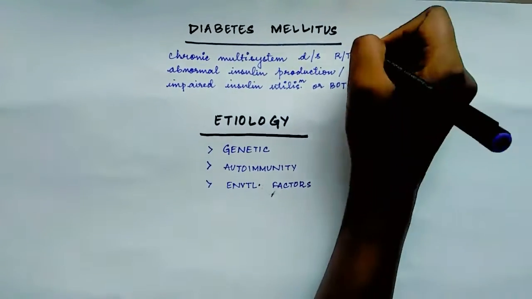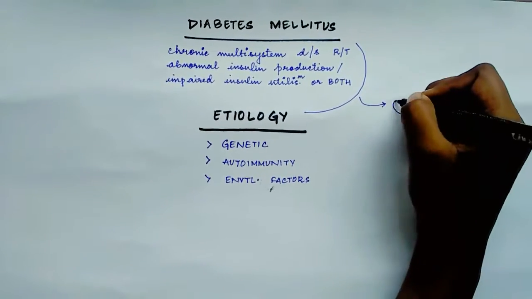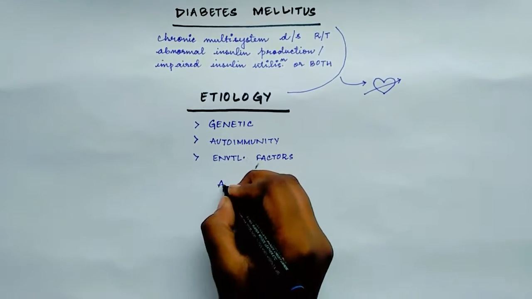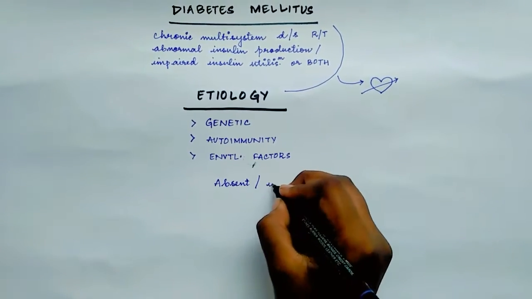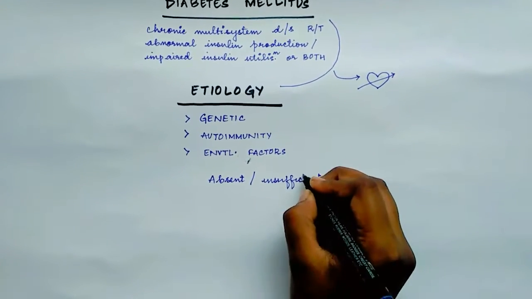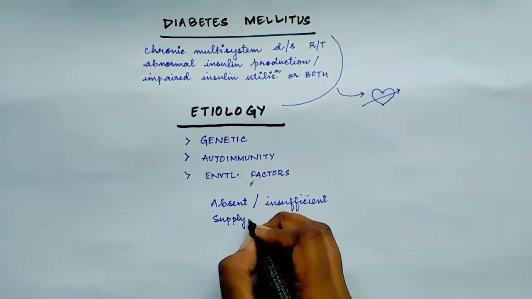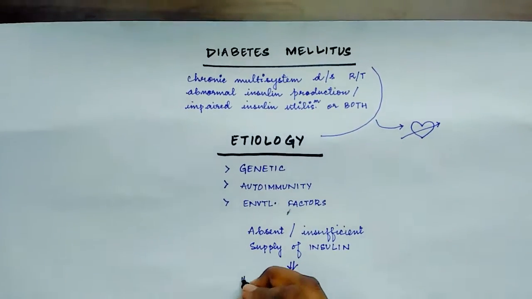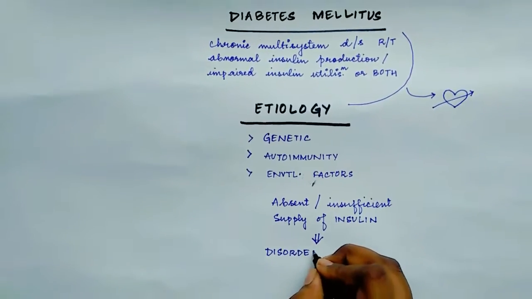Diabetes mellitus is a major factor causing heart disease and stroke. Regardless of its cause, it is seen that absent or insufficient supply of insulin gives rise to disorders of metabolism of glucose, which further leads to diabetes mellitus.